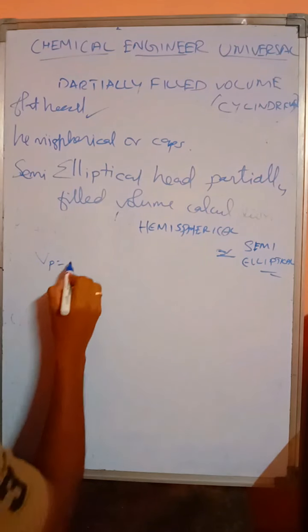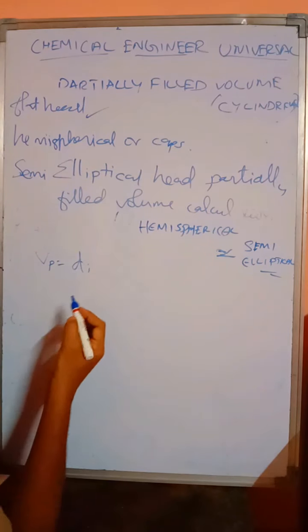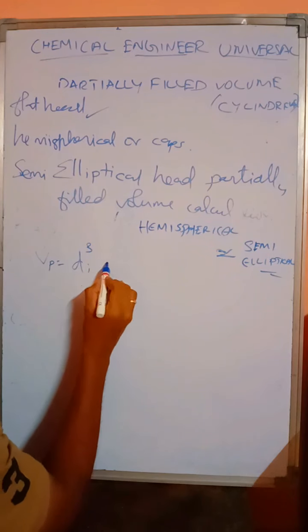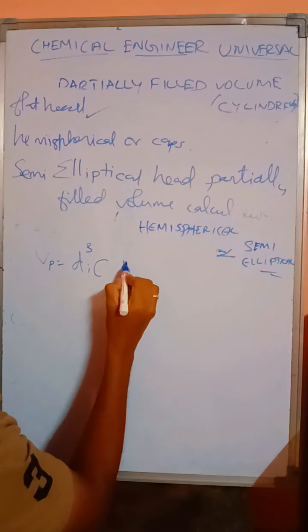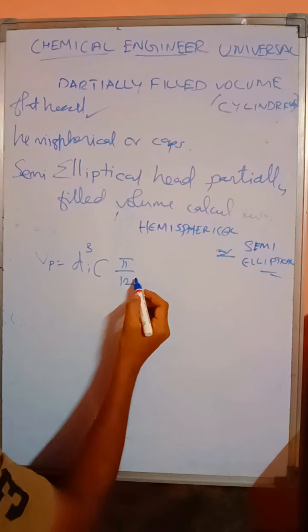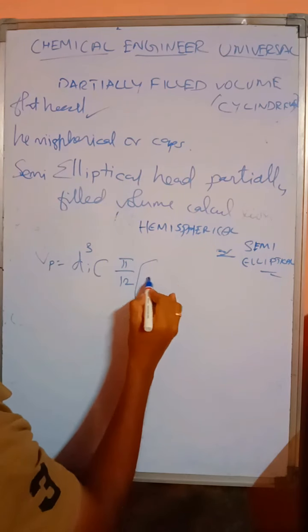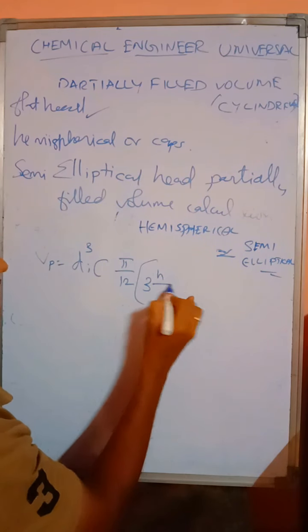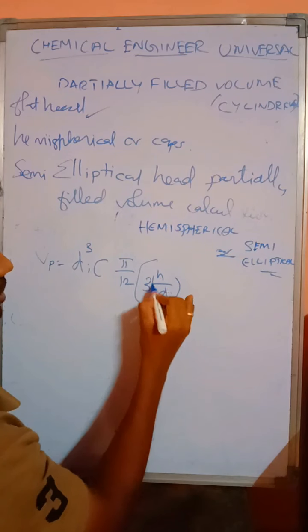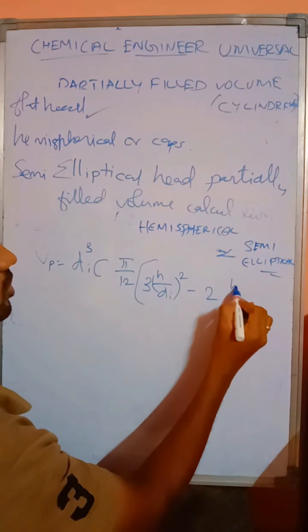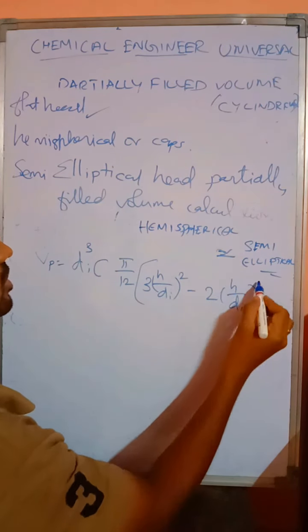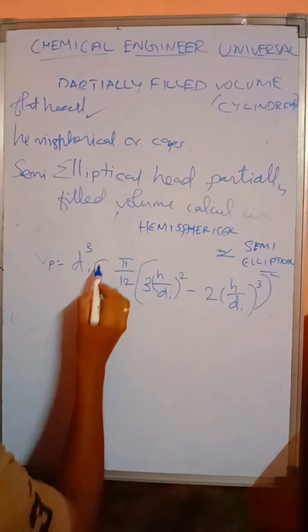Let's take down the same formula, which is di cube multiplied with the constant, and pi by 12, the brackets d into h by di square minus 2 into h by di cube, right?